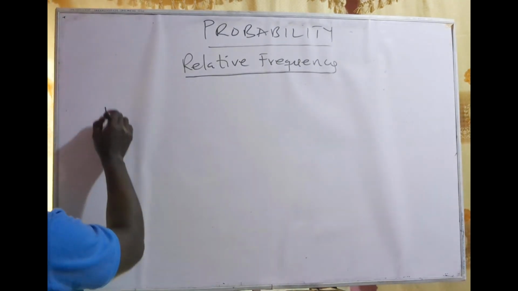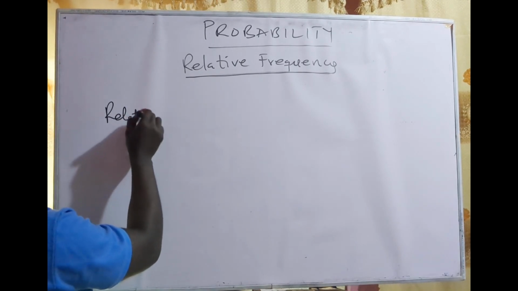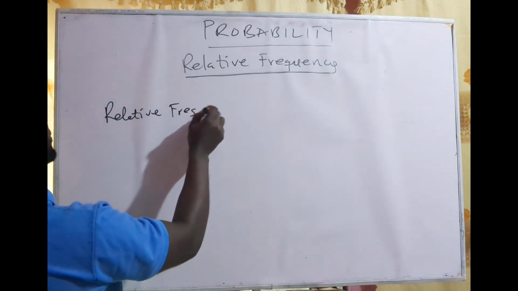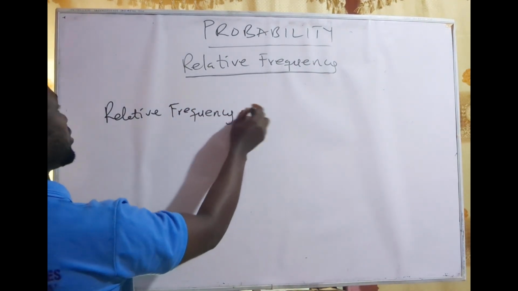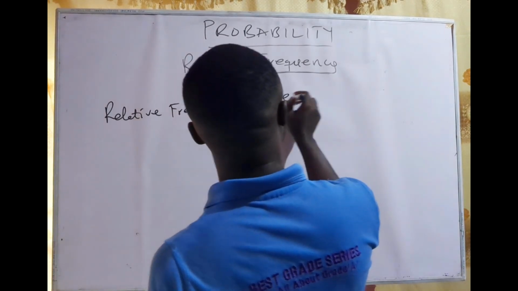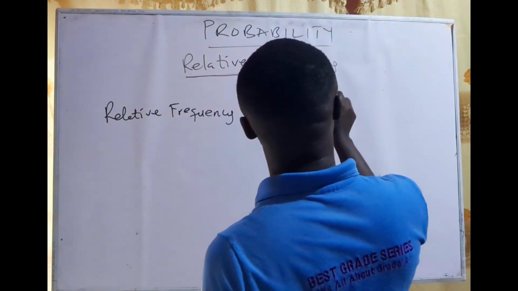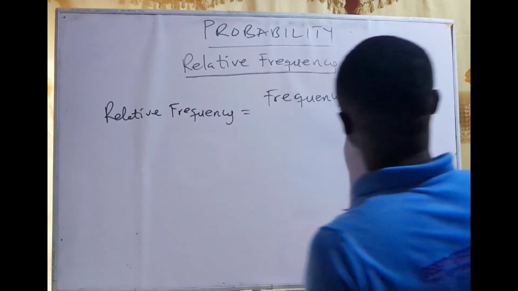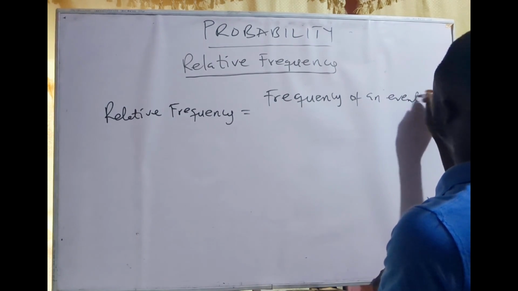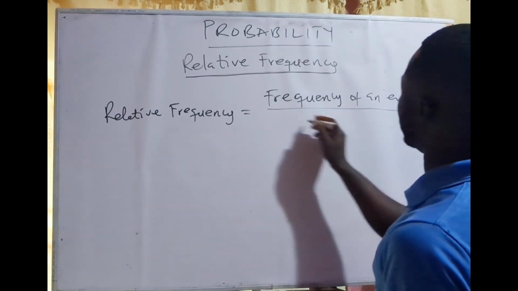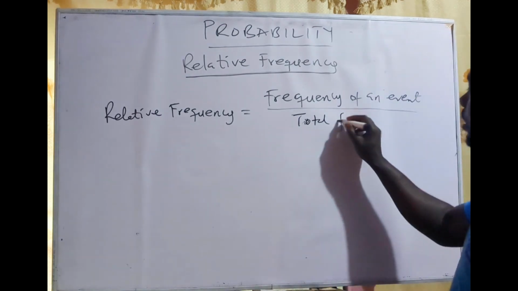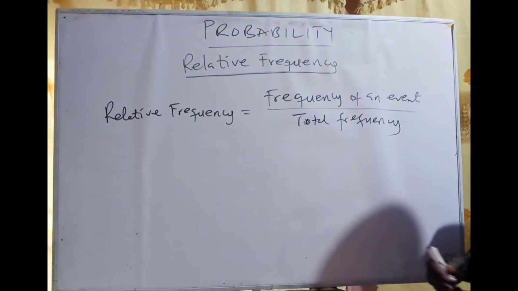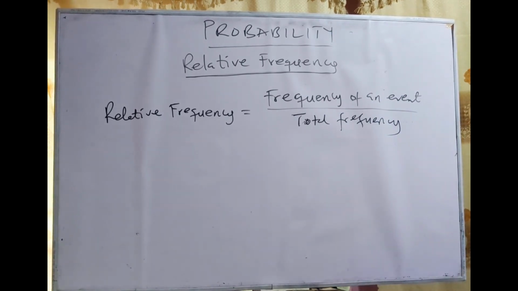So we can say that relative frequency is equal to the frequency of an event over the total frequency. So this is about relative frequency.